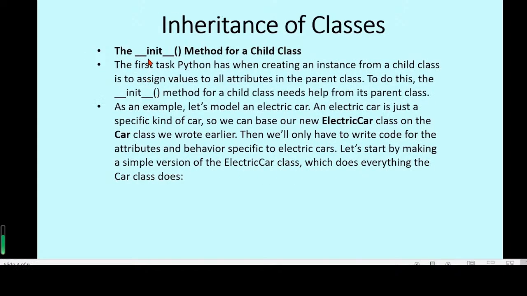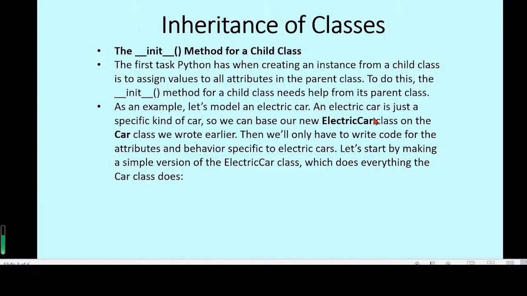The __init__ method for a child class. The first task Python has when creating an instance from a child class is to assign values to all attributes in the parent class. To do this, the __init__ method for a child class needs help from its parent class. As an example, let's model an electric car.